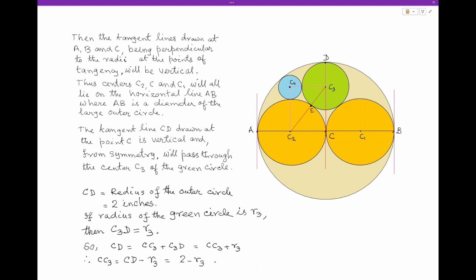So all the three tangents are perpendicular to the horizontal line, or they are vertical. Thus, centers C2, C and C1 will all lie on the same horizontal line AB. So this establishes the fact that this line AB will also contain the center C2, center C1, and obviously it has already the center C.